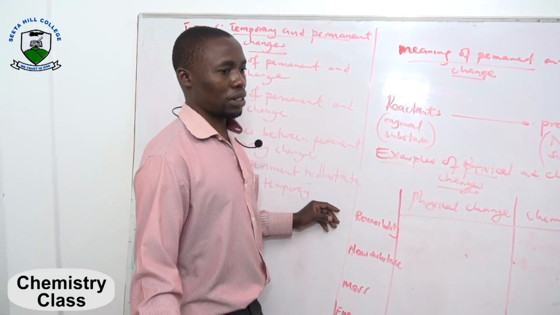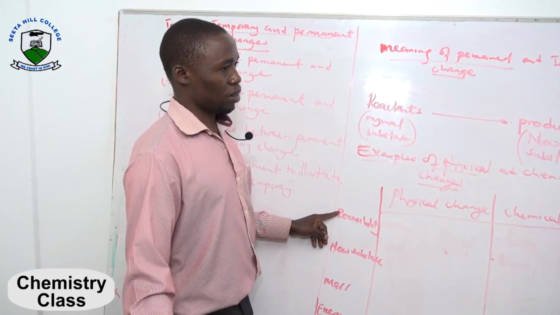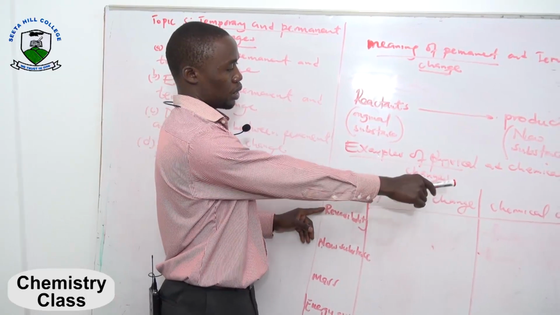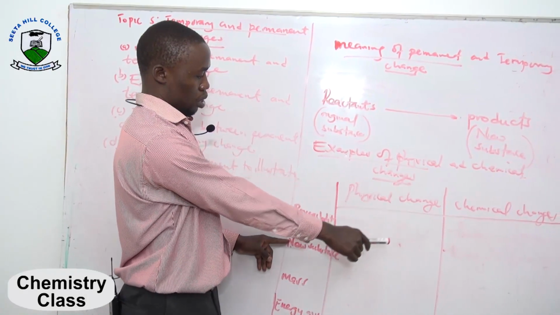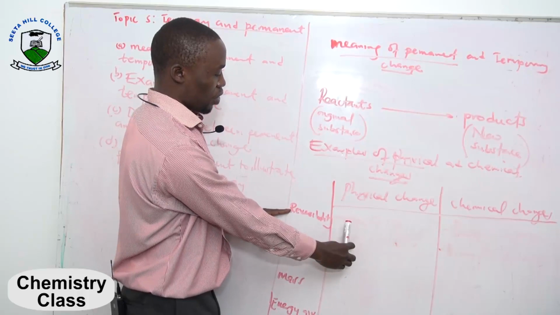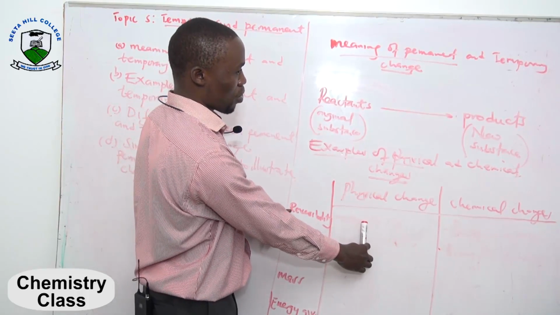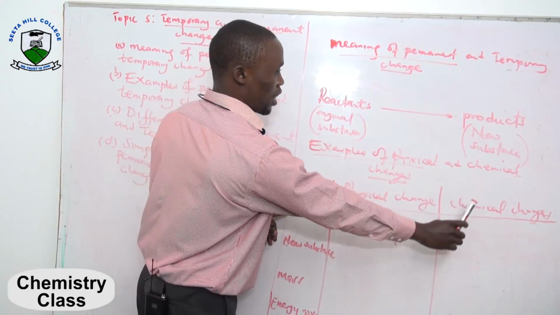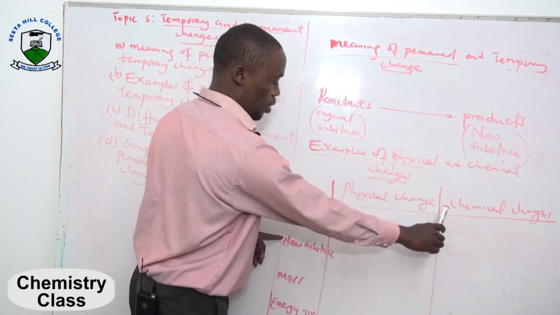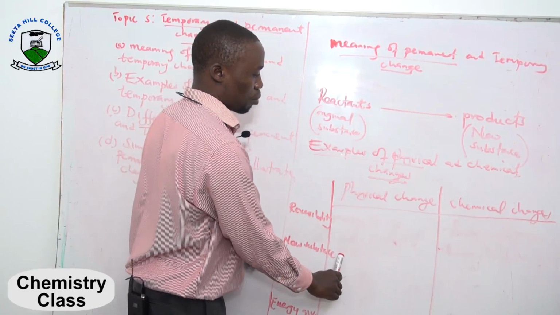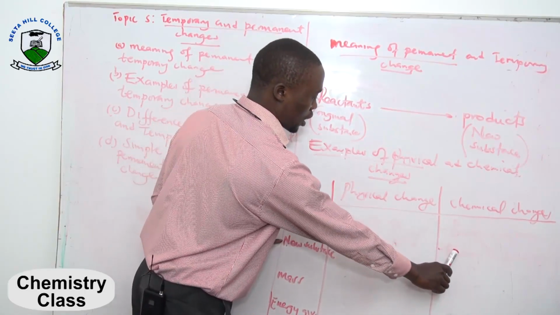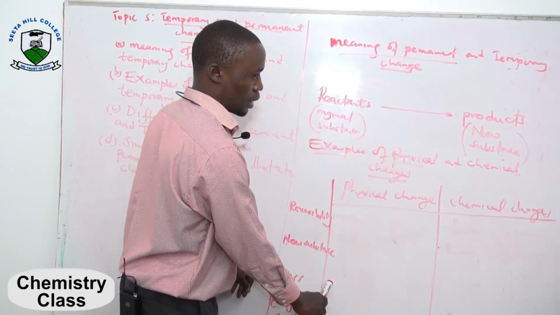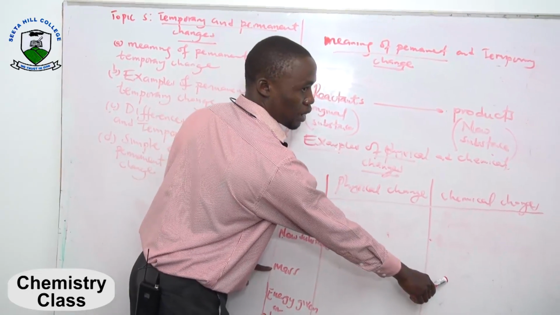Now, let us be in brief. Reversibility: physical change is reversible, chemical is irreversible. Then no new substance formed in physical, a new substance formed in chemical. There is no change in mass in physical, there is change in mass in chemical.